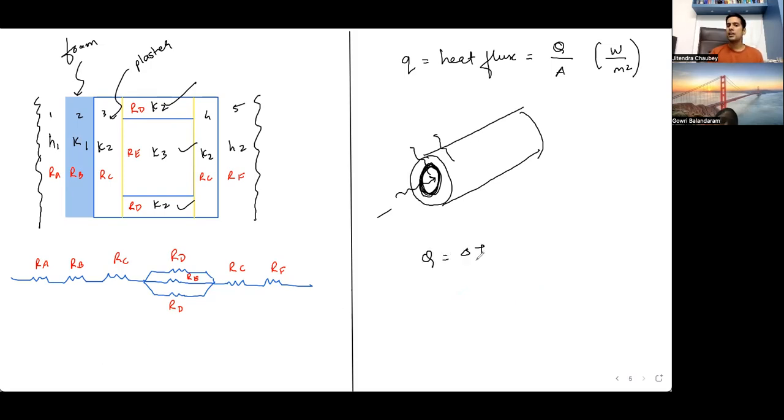Q equal to delta T upon R, where delta T would be, if I draw the diagram of this cross section only, like this. A layer of fluid, then there will be an inner periphery of the pipe, and another outer periphery of the pipe.